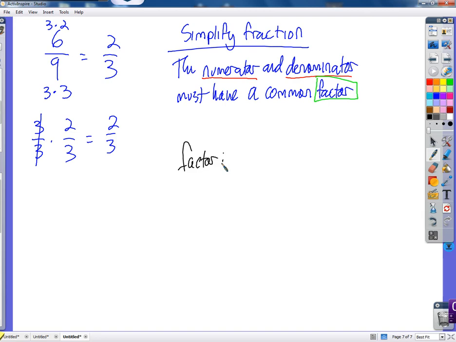I know what it means, but I don't know how to define it. What it goes into. There's multiplying. It's very simple. Okay, if you were a number, you would be a factor of another number if what?